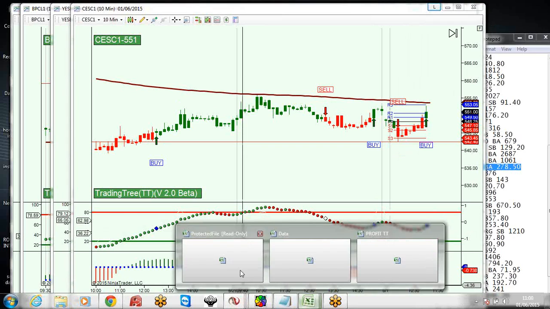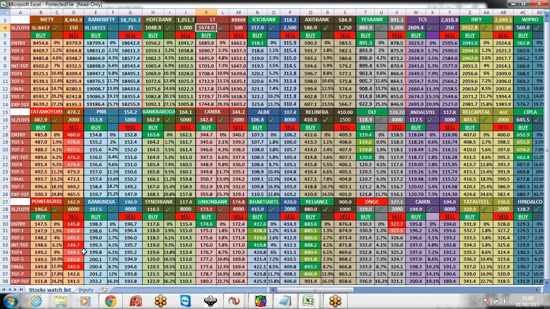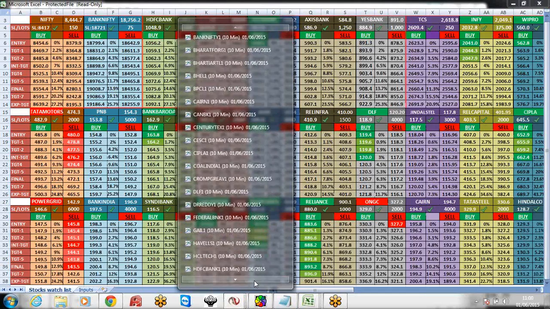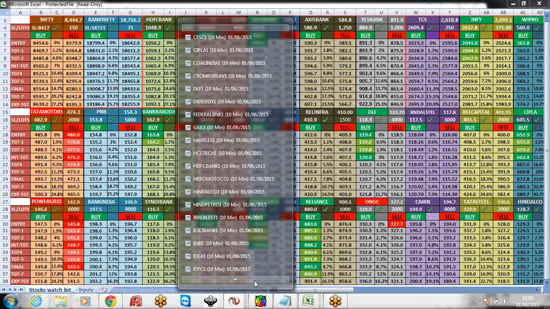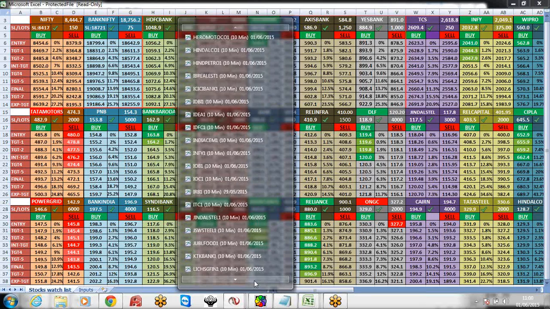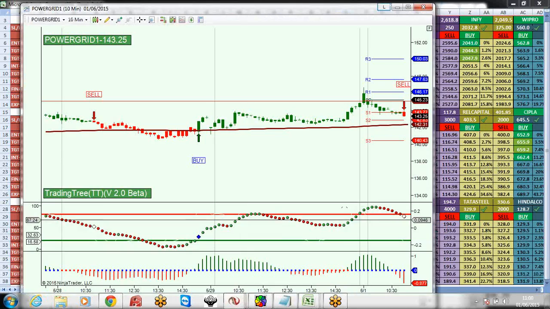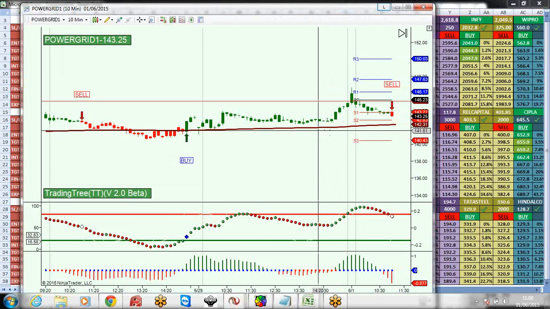Power Grid, you already know that the final targets are done here. So there is a confirmation call in TradingTree now. You don't have to exit this trade at Power Grid, since it's already done its final target. You can just check the chart and then continue with it.